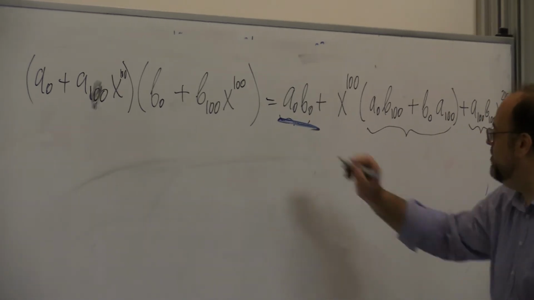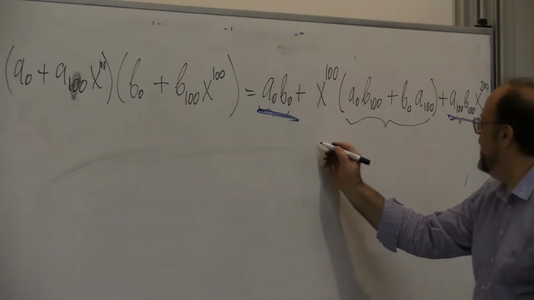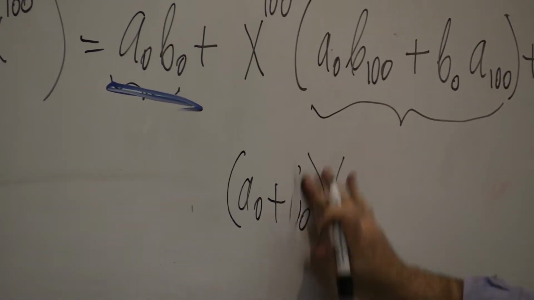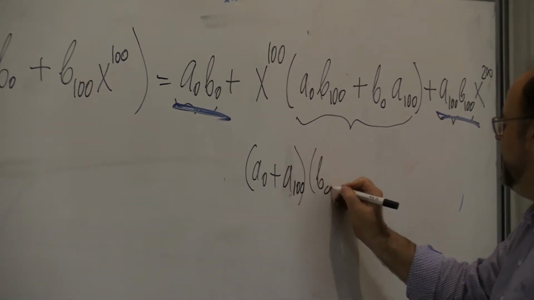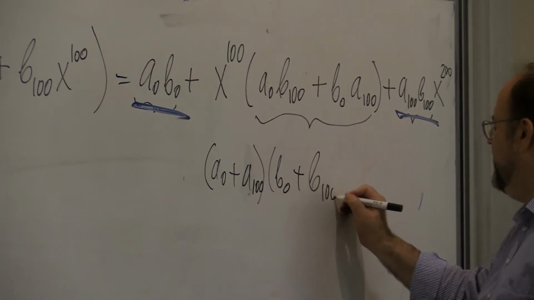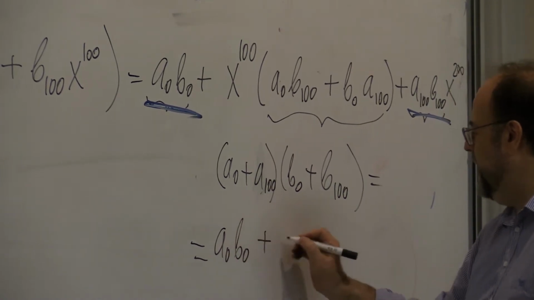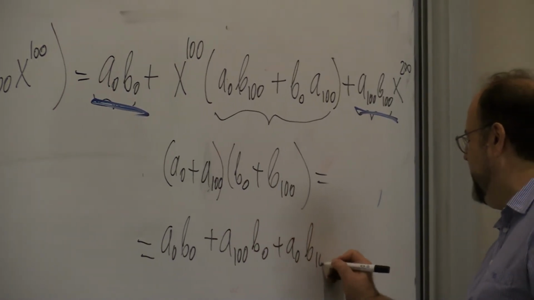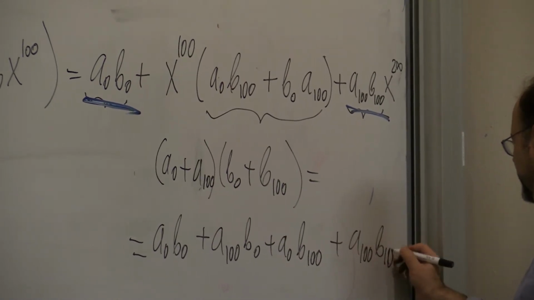Exactly, we perform this multiplication and that multiplication, and to get this, we simply take A0 plus B0 times A0 plus A100, B0 plus B100, and just notice that this is A0 B0 plus A100 B0 plus A0 B100 plus A100 B100, right?